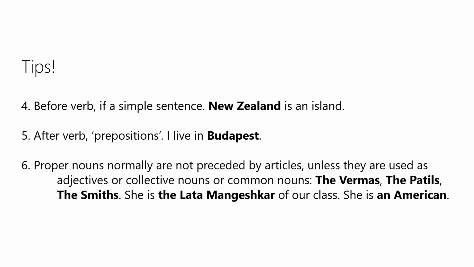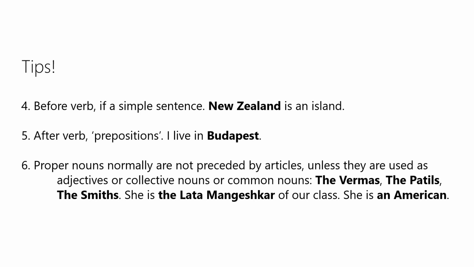Finally, proper nouns are normally not preceded by the articles, for example, a, an, and the, unless they are used either as adjectives or collective nouns or common nouns. For example, in the phrases the Vermas, the Patils, and the Smiths, all of these proper nouns, that is, Vermas, Patils, and Smiths, are preceded by the article the, and therefore they happen to be collective nouns there.